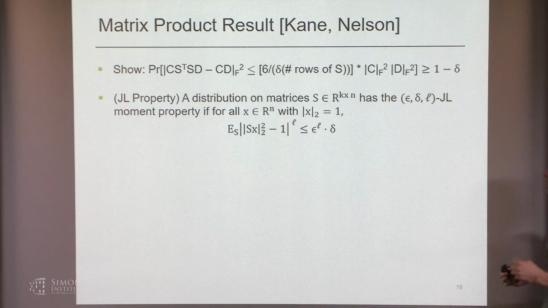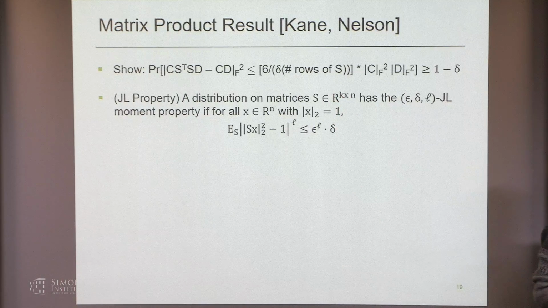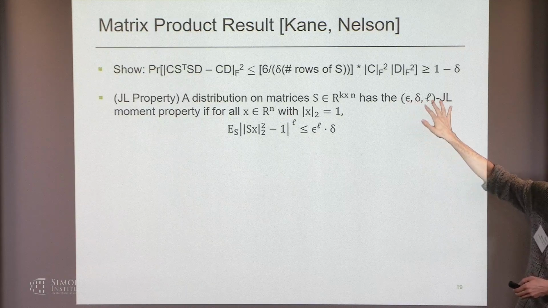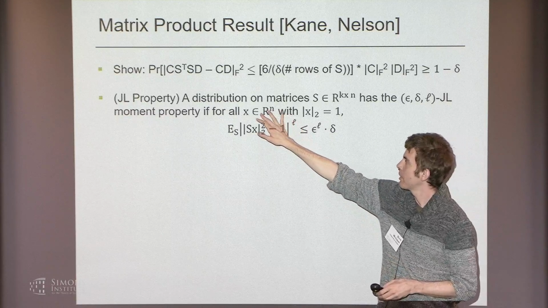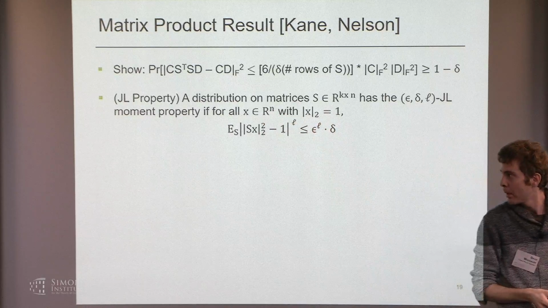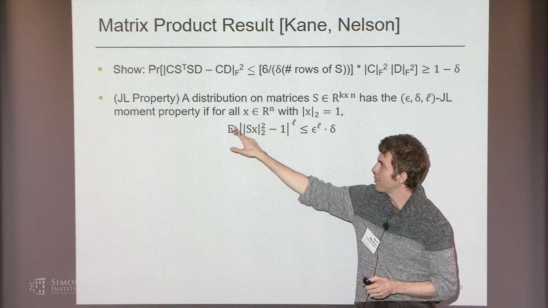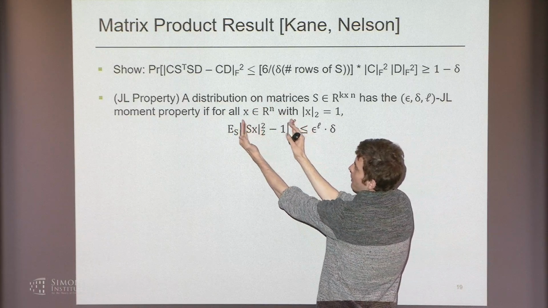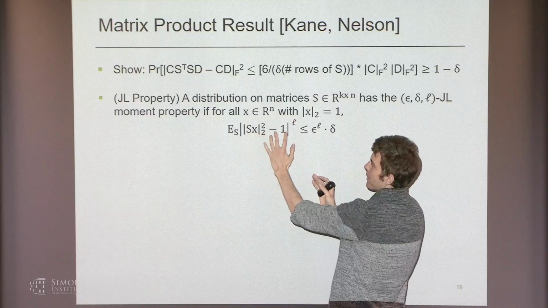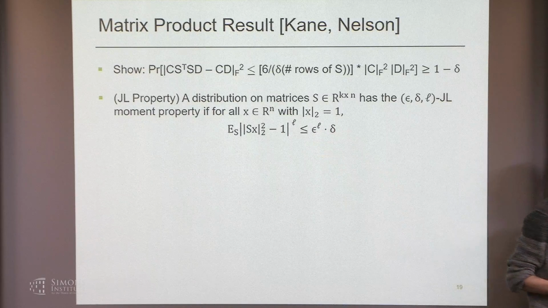Let's say a distribution on matrices S has the JL property, Johnson-Lindenstrauss property. More precisely, it has the epsilon, delta, L JL moment property if for any given vector x with unit norm, we have the following bound: the expectation over a random matrix S from this distribution of the Lth moment of the squared norm of Sx minus 1 is at most epsilon to the L times delta.